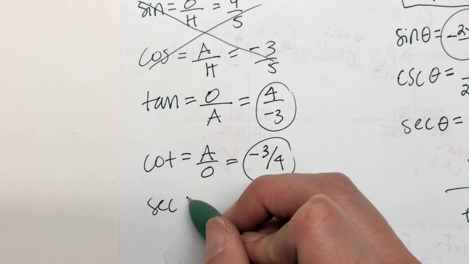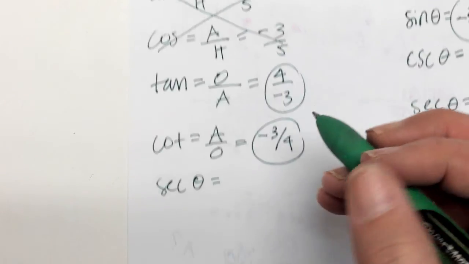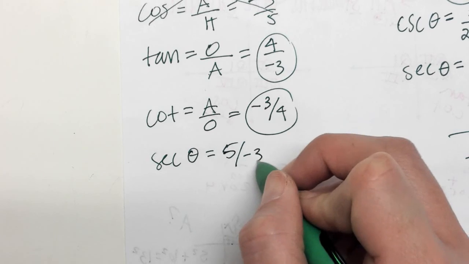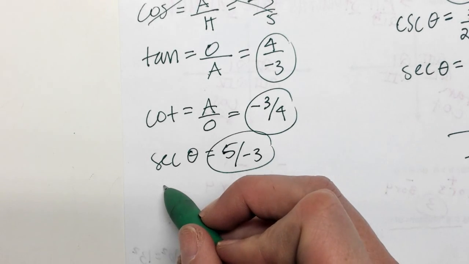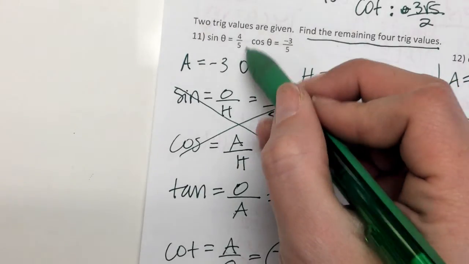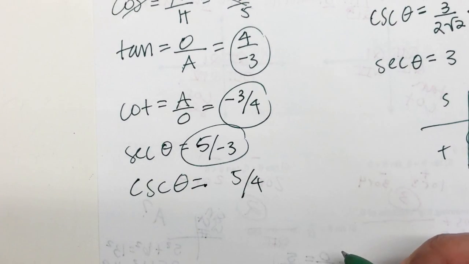Secant, which is the opposite of cosine. So you just swap these. And then what is the last one we're missing? Cosecant, which is the opposite of sine. So you just flip it, which is 5/4. Questions?